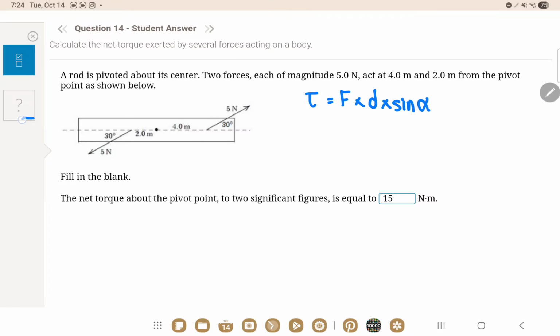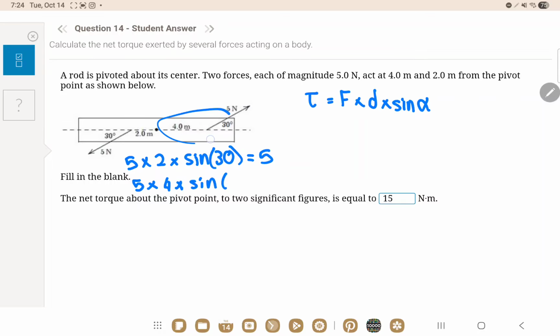So this is 5 times 2 times sine 30, which is going to give us 5. And the second one here is 5 times 4 times sine 30, which is going to give us 10.